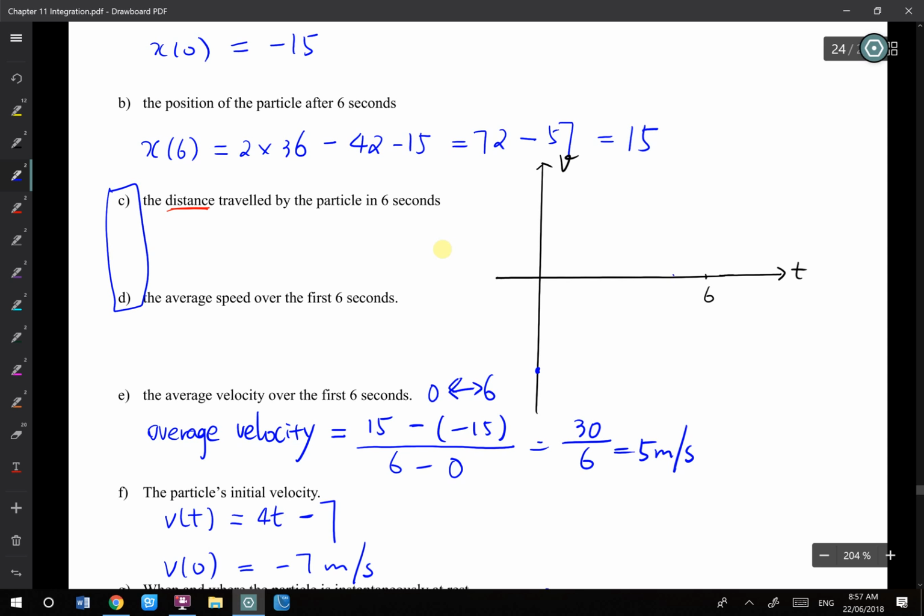I'm not really drawing it to scale because it's very hard to draw to scale. So it will be an increasing function, v equals 14t minus 7. And I can find this point is 7 over 4, and this point is minus 7.